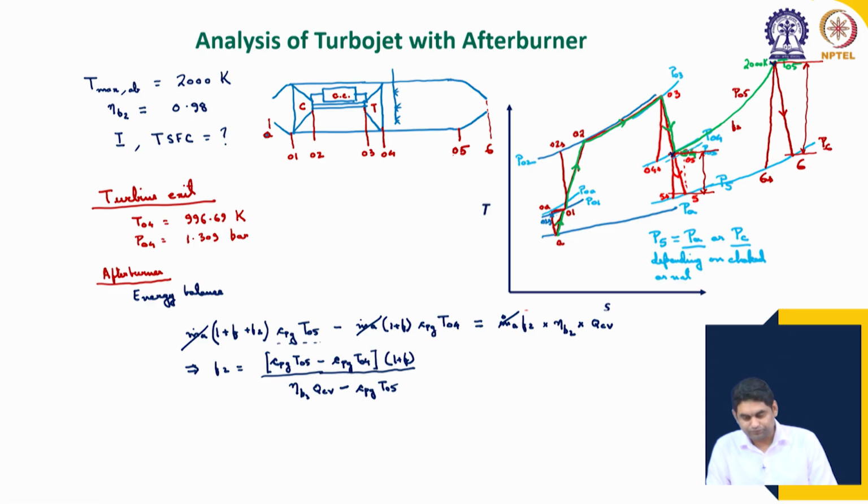Now, what are the known values? Cp of gas is 1.148 kilojoule per kg Kelvin, T05 is 2000 Kelvin, T04 is known to us, 996.69 Kelvin. 1 plus F, so F is also known to us from the previous calculation.